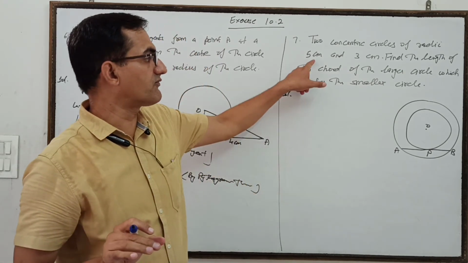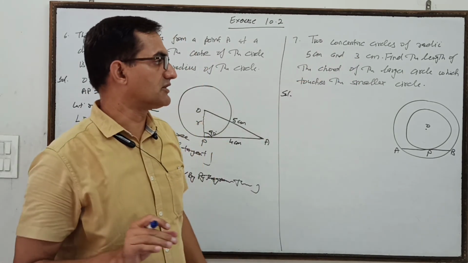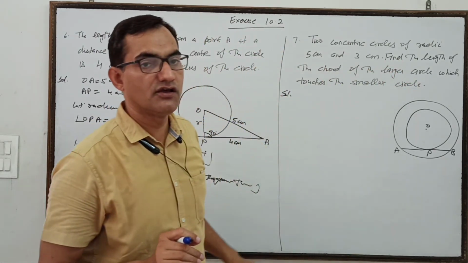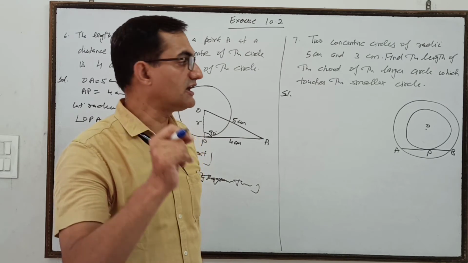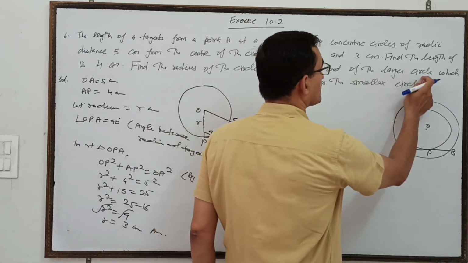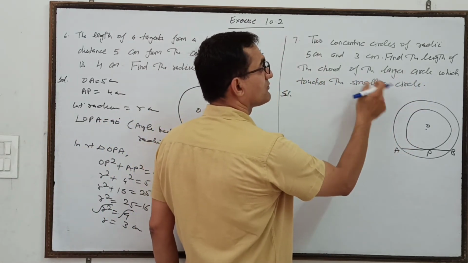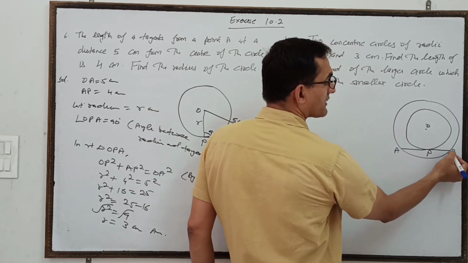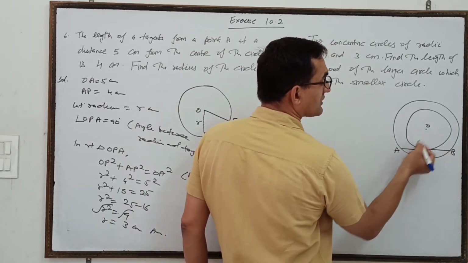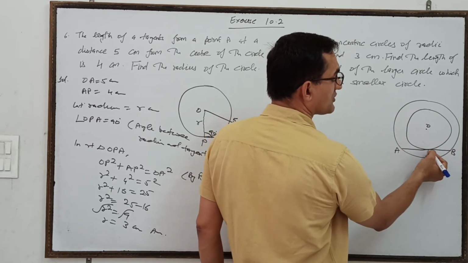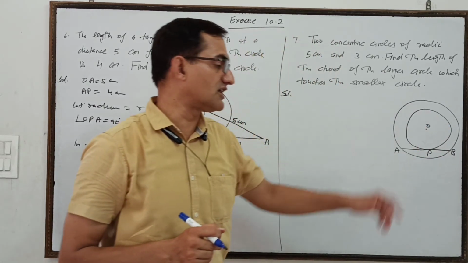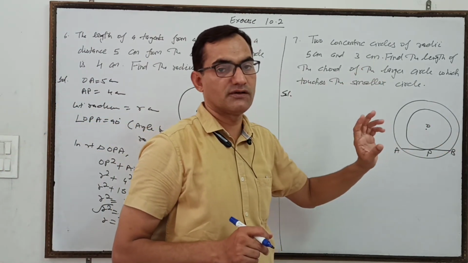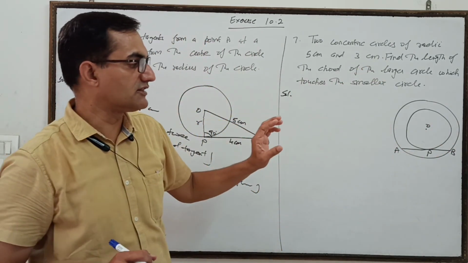We have to find the length of the chord of the larger circle which touches the smaller circle. It is a chord for the larger circle, but this chord touches the smaller circle at a point. We have to find the length of this chord, A.